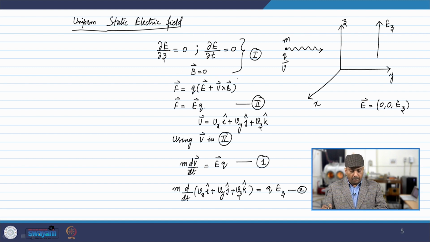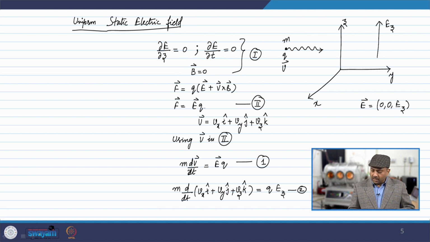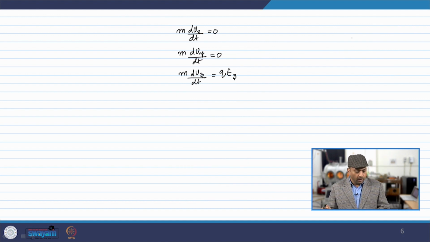You see, just compare. So, Ez is probably in the z cap direction. So, it is i cap, j cap, k cap direction, right.